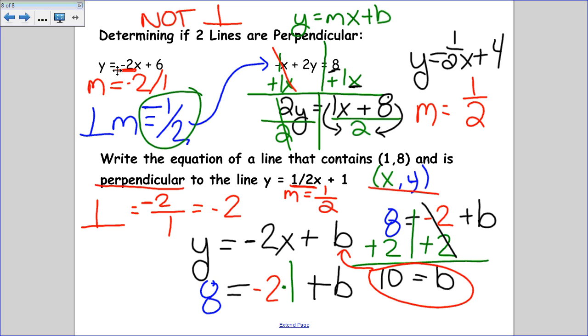So our new equation of a line, we can say y equals -2x plus 10. This line would be perpendicular to the line y equals 1/2 x plus 1, and it would go through the point (1, 8). That's your video for parallel and perpendicular lines.